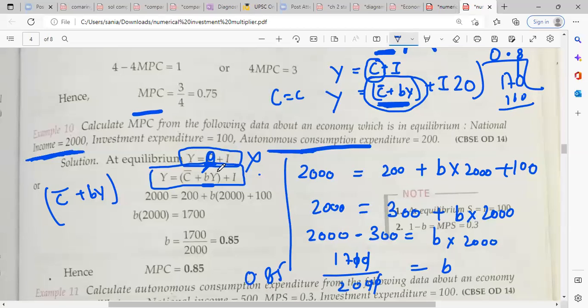So that's why you have to change your formula. C equals autonomous consumption plus BY, which is your MPC and income, so that makes up complete consumption. Instead of C, you wrote this plus I. Clear? Yes, ma'am.